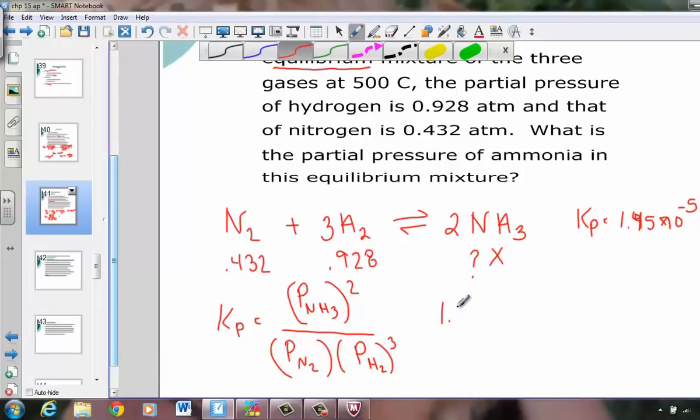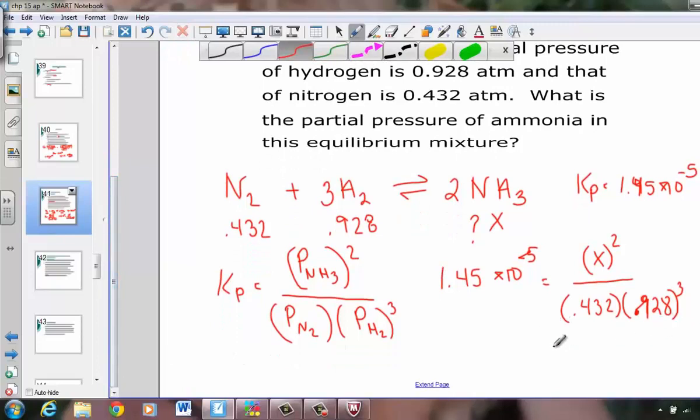The Kp was given, 1.45 times 10 to the negative fifth power, equals, ammonia is what we're looking for, so let's put that in as a value of x. We know that x will need to be squared. It's a power of 2. Set over the partial pressure of nitrogen given to us, 0.432, times the partial pressure of hydrogen, which would need to be cubed, so 0.928 cubed.